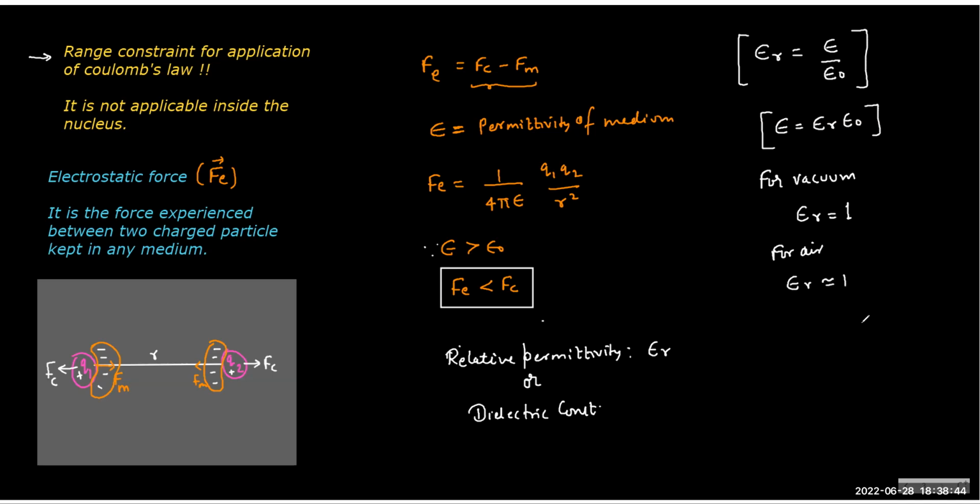There is a difference: after the third or fourth decimal place, the answer will be there, 1.00 something. It's not exactly 1. And that is why the electrostatic force we can rewrite as 1 upon 4 pi epsilon naught epsilon r, product of charges upon r square.